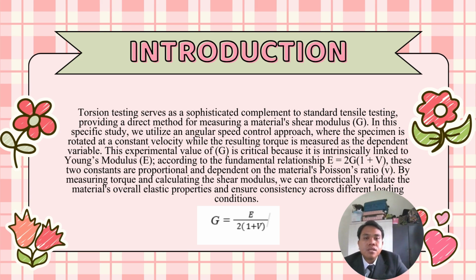Because G is the secret key to finding Young's modulus using the relationship E = 2G(1 + v). We can see that these two properties are actually proportional. By measuring how a material resists a twist, we aren't just looking at one specific behavior, we're validating the entire elastic blueprint of the material.